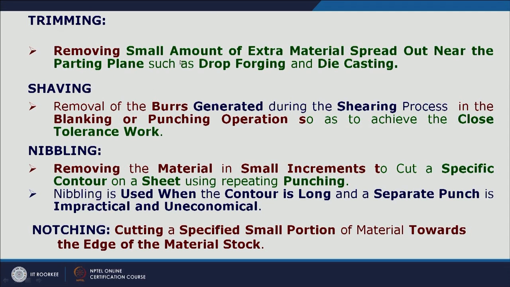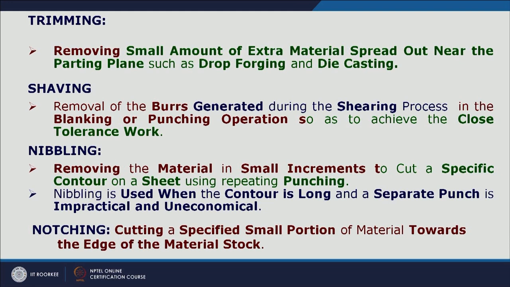Trimming is primarily used for removing the extra material spread out near the parting line, in forging or die casting. When we go for forging, the upper and lower halves may lead to the formation of some additional flash at the parting line.